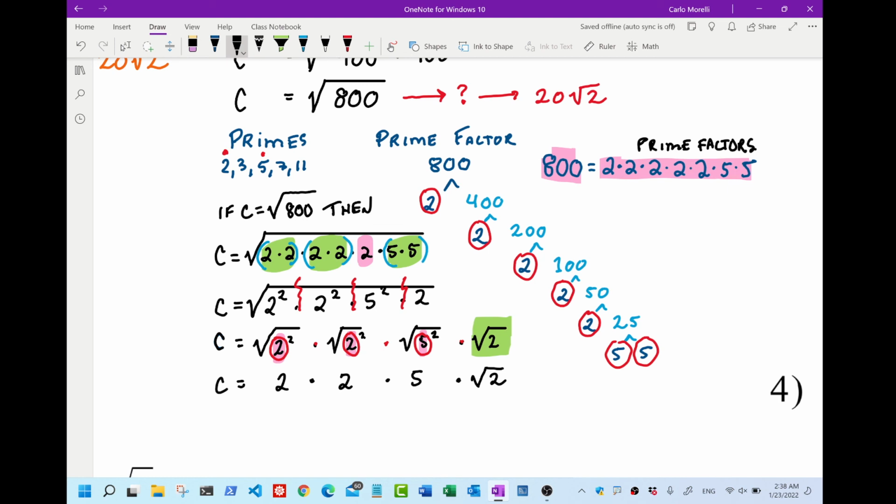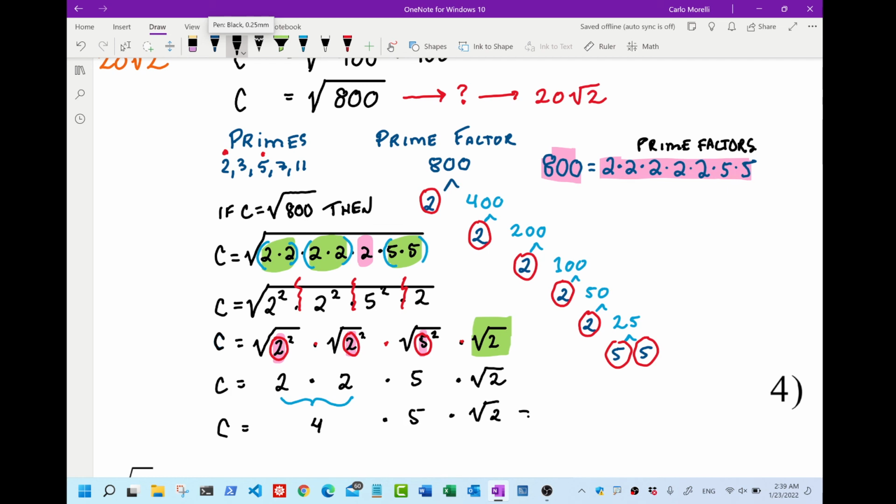Okay. Well, let's simplify. So 2 times 2, that's 4 times 5. Okay. So now C equals 4 times 5 times square root 2. And 4 times 5 is 20.